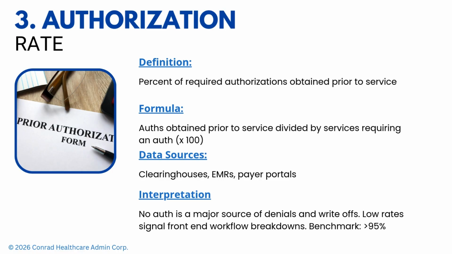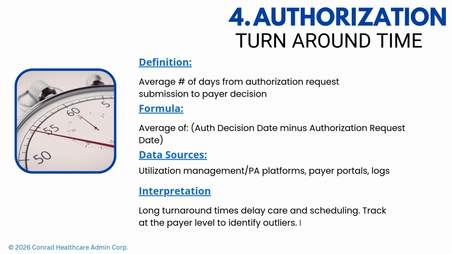Some potential data sources are clearinghouses, EMRs, and payer portals. No authorization is a major source of denials and write-offs. So low authorization rates can signal front-end workflow breakdowns, and a possible benchmark is greater than 95% authorized prior to the time of service.